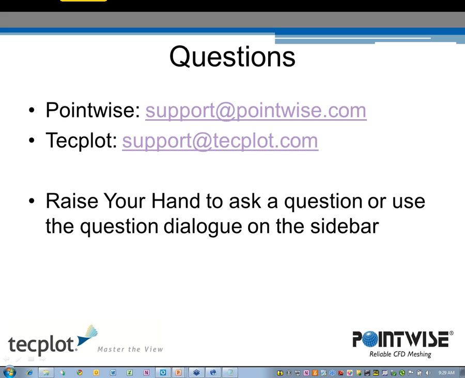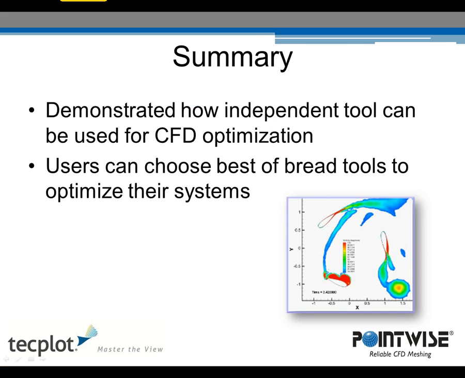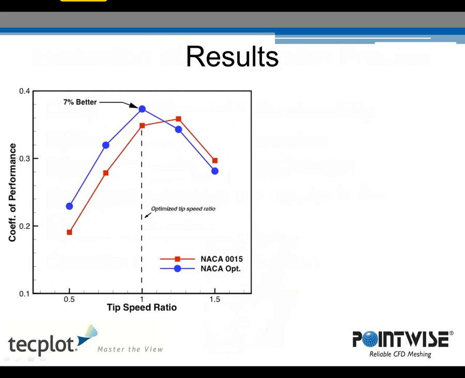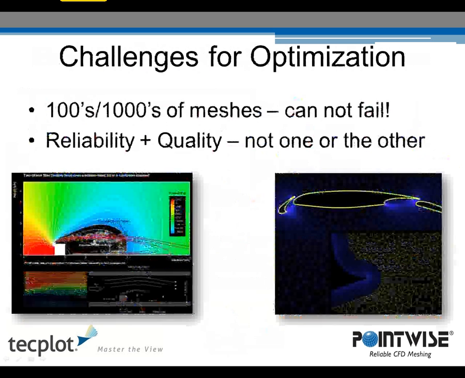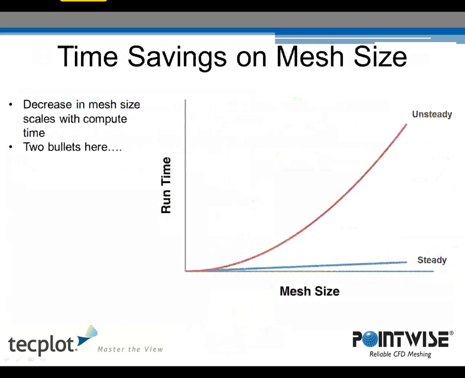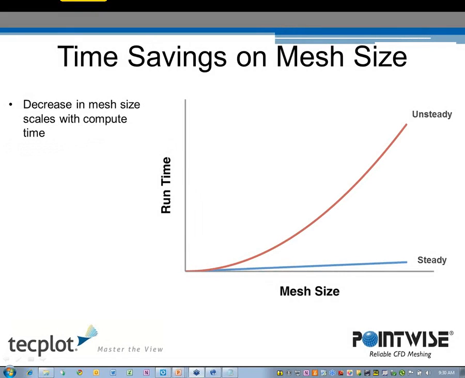Well, basically what I was just trying to point out on that graph, if you want to navigate back to that plot for me, Darrell, is the actual runtime that's required for an unsteady versus a steady. As you increase in mesh size, the rate of change is a lot different for an unsteady versus steady, because like I mentioned, the time step size is typically driven by the CFL number, which is U delta T over delta X. So as you halve delta X to maintain that Courant number stability, you need to halve delta T.